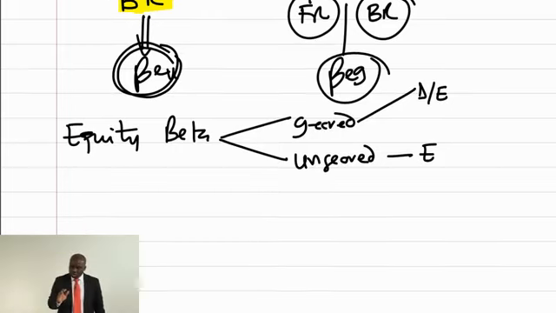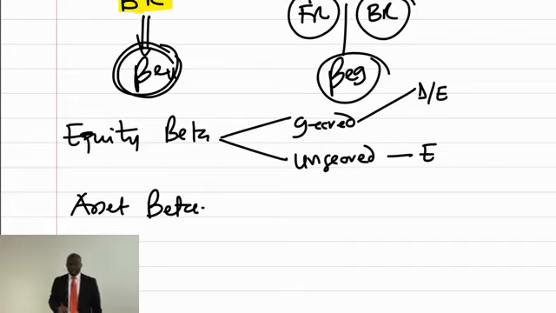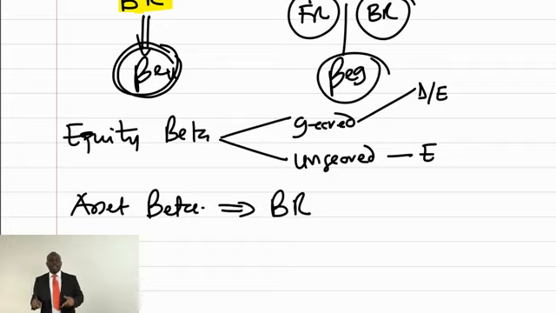I'm going to introduce another terminology, which is called asset beta. When a company's asset beta is given, asset beta measures only business risk, irrespective of whether the company is geared or ungeared.